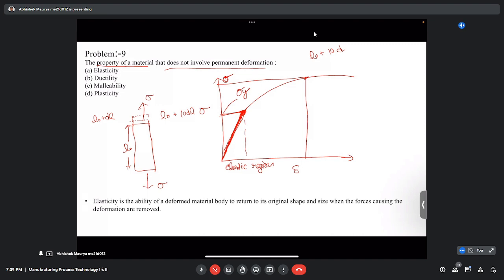Then the material will not come to its original length. After removing the load, the length of the material will become, let's say, L0 plus 5 times dl. So when we remove the load, some of the length of this material will recover, but some length will not get recovered. So it will happen something like this.